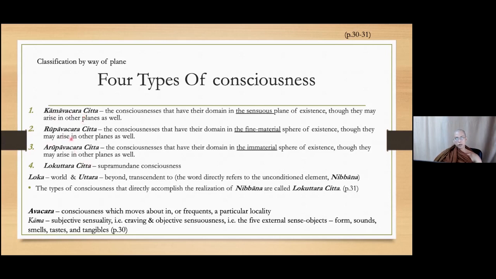In the same way, Rupa Vachara, here Rupa is the plane of existence, that is the 5 material sphere of existence. The consciousness that frequently arises in the 5 material sphere of existence is called Rupa Vachara. Sometimes they arise in the Kama Vachara realms and also Arupa Vachara realms, but mostly arise in the 5 material sphere. That's why they are named Rupa Vachara Chitta, 5 material sphere consciousness.